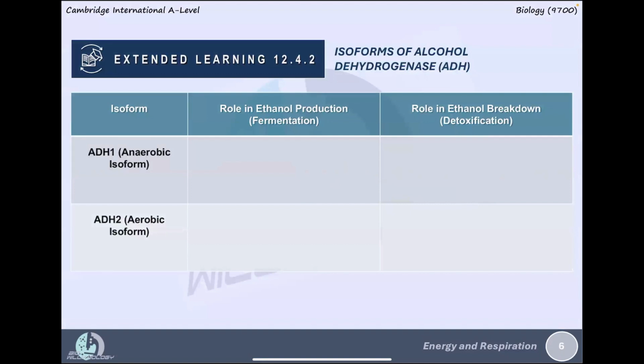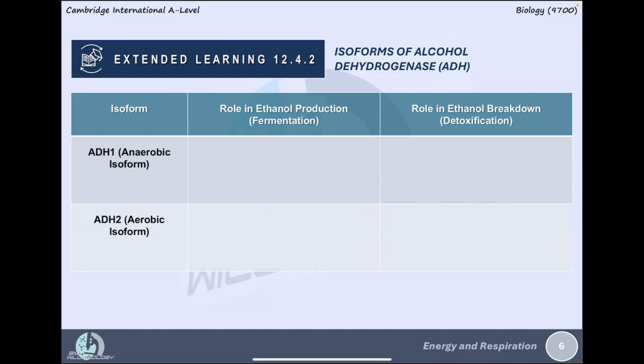There is an extended learning here to look at the isoforms of alcohol dehydrogenase. Many students actually get confused about this. Alcohol dehydrogenase is a family of enzymes involved in the formation of alcohol and also the breakdown of alcohol. In the rice plant, there are two types of isoform.